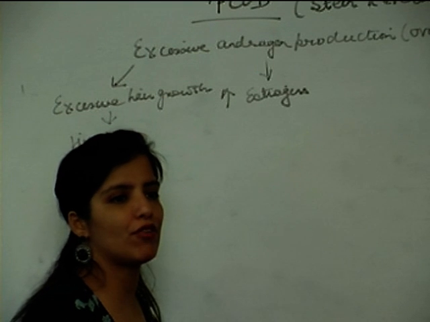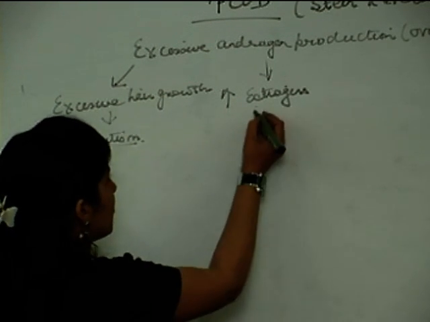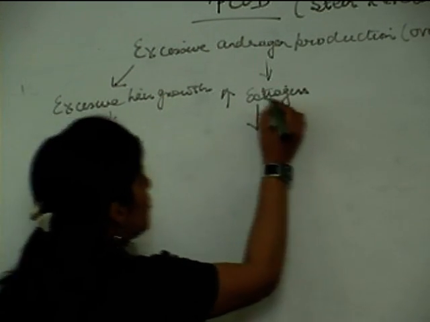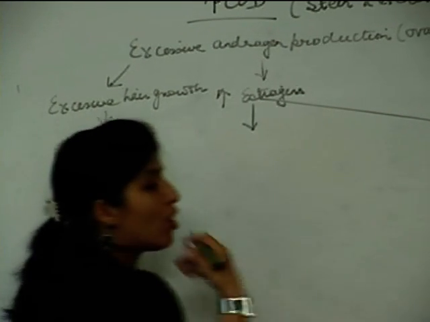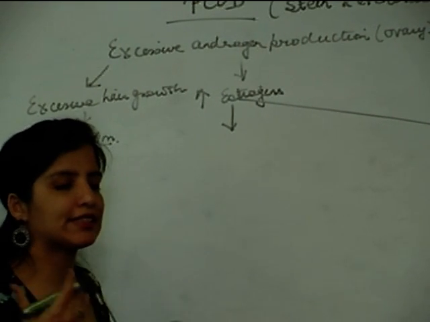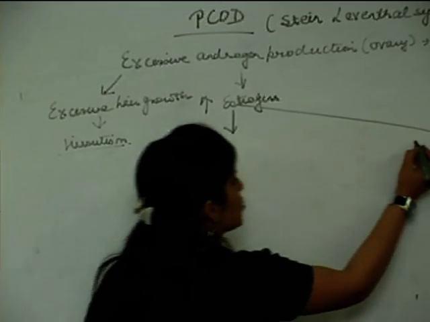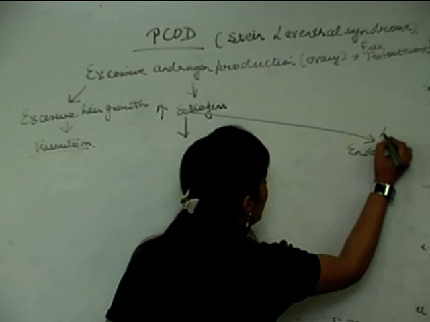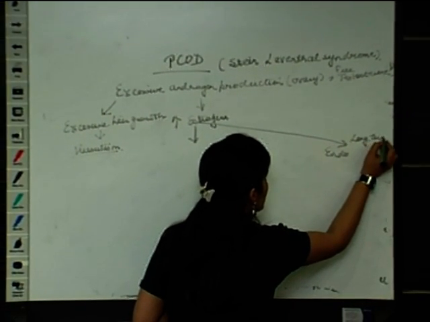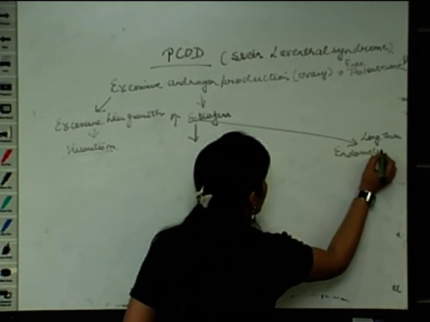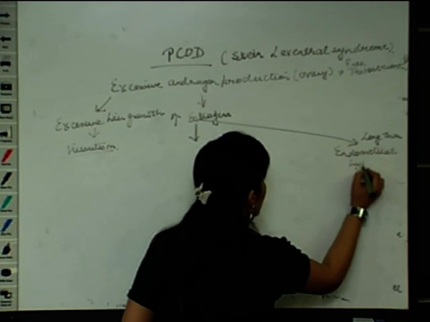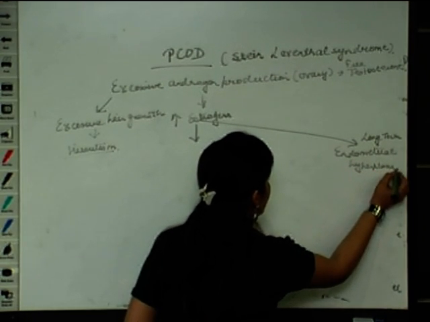Now, because there will be excessive estrogen, what will be the problem? The long-term sequelae will be that excessive estrogen can lead to endometrial hyperplasia. So later on, in long-term consequences, there can be endometrial hyperplasia or endometrial cancer.